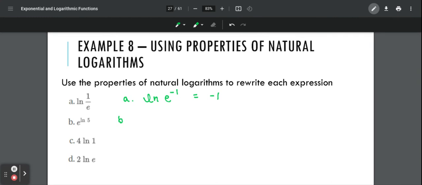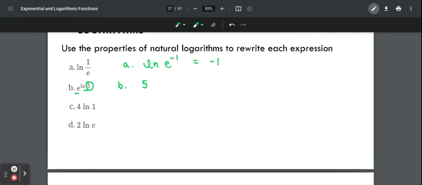For b, when we have the e base and this e base here, remember it just simplifies to be whatever we're taking that log or the natural log of. The natural log of 1 is 0, so we're really doing 4 times 0, which would be 0. And the natural log of e is 1, so you would have 2 times 1, which would give you 2.